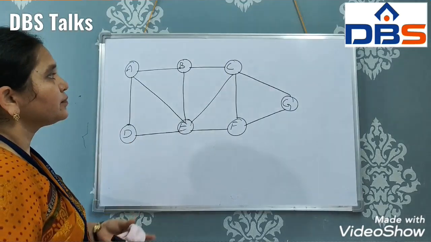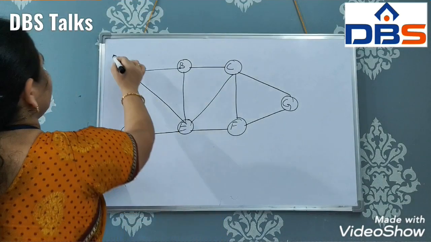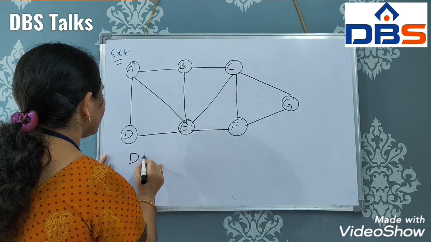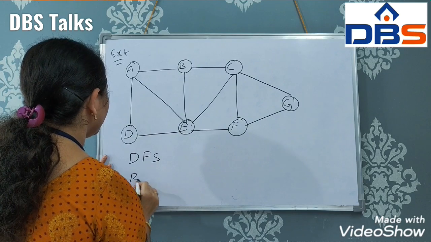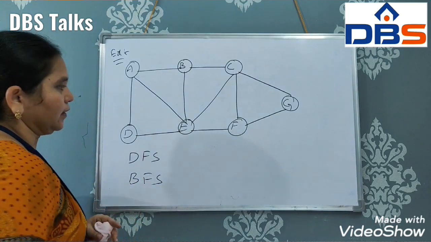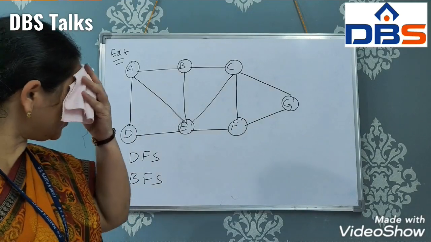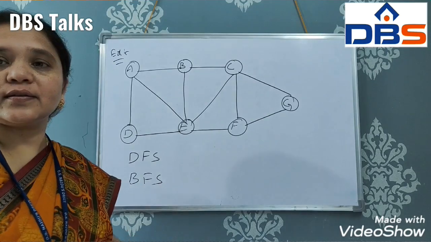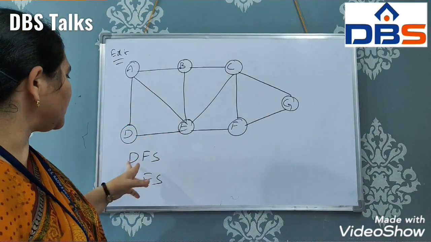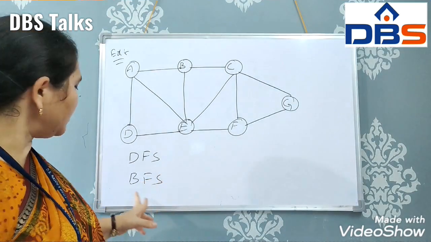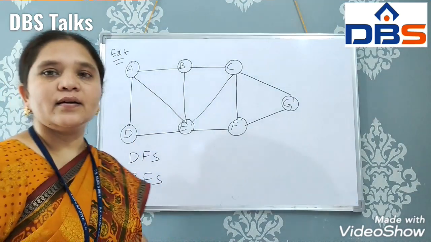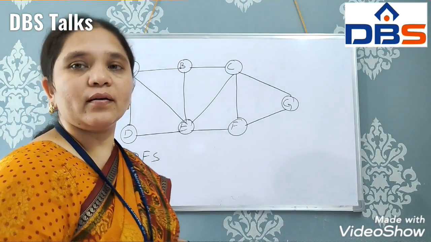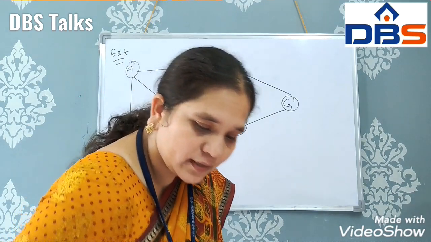For this graph, we need to perform DFS as well as BFS. And for the 2 examples I gave in the previous lecture, we also need to perform DFS. So for this graph, perform depth first search and breadth first search. This is the assignment question for you. I hope all understood. So you have to try this example.